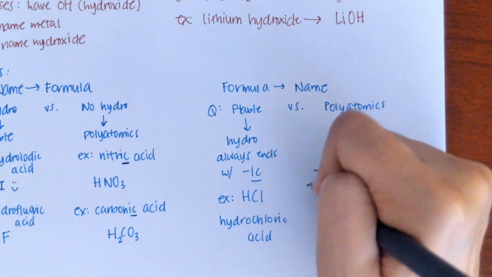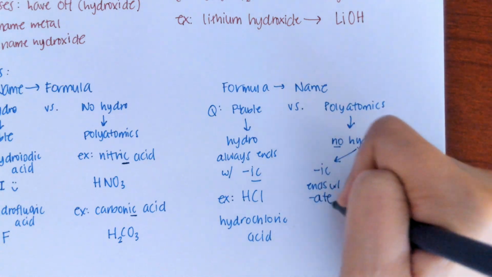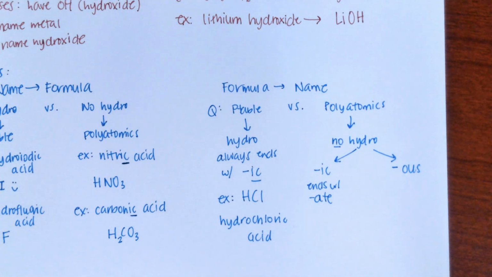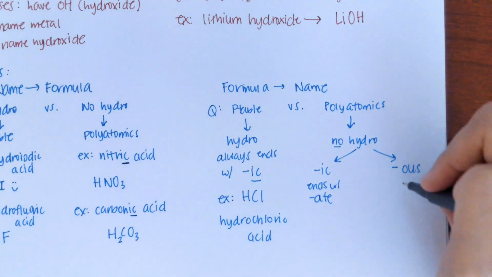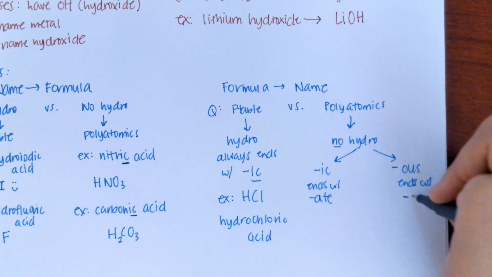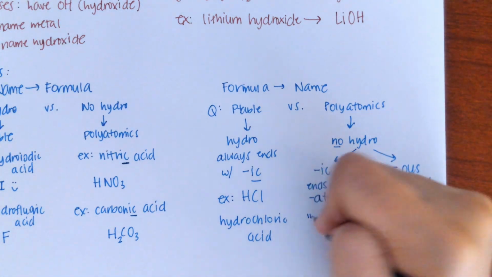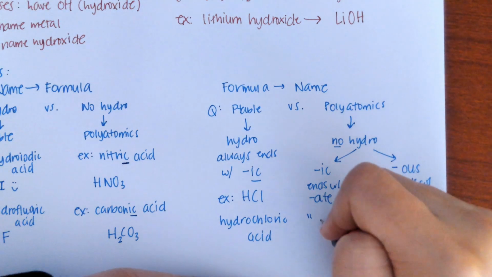So with ic, it ends with ate. All the polyatomics that end with ate, like nitrate, phosphate, sulfate. And us ends with what? Ite.